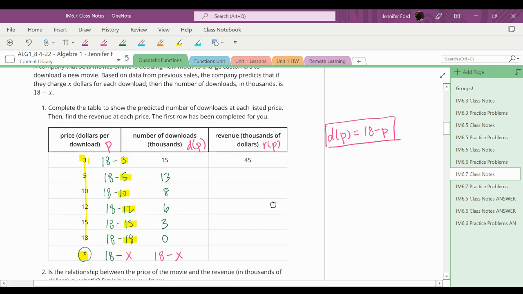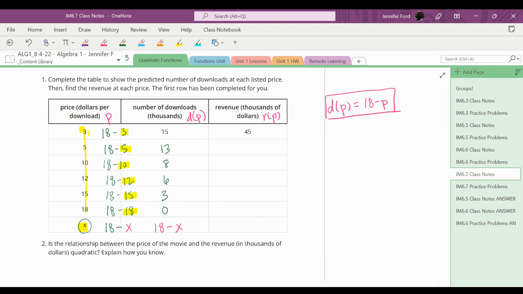And then revenue. So revenue, we're going to have to use our brain here. Revenue is how much money you make. So if you sell 15,000 downloads and they're $3 per piece, this is 15 times 3, which was 45. Then the next one is going to be 13 times 5. I'm using a calculator here, which was $65,000.